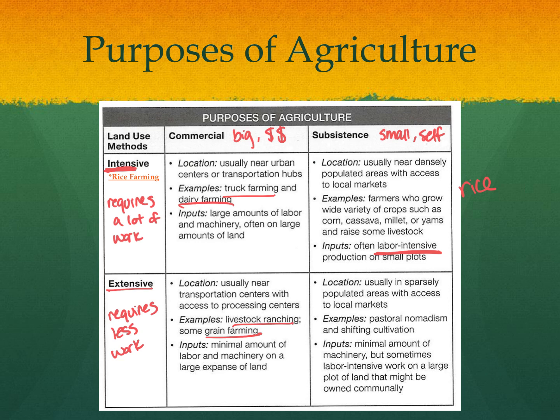And livestock ranching doesn't require a whole lot of physical human labor to just let cows out on a ranch, right? So that would be commercial, but subsistence is usually small scale. And again, you're not making a whole lot of money off of this, but it's things like pastoral nomadism and shifting cultivation, which we'll talk about here in a second. But it doesn't require a whole lot of physical human worker input into that type of farming, okay?